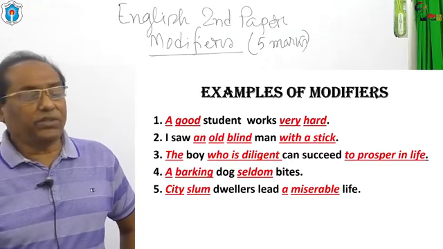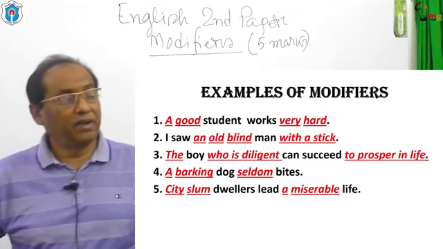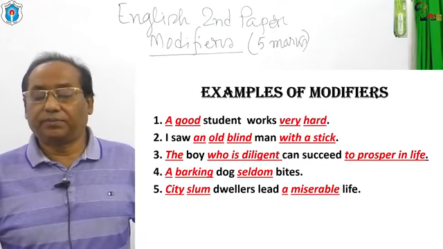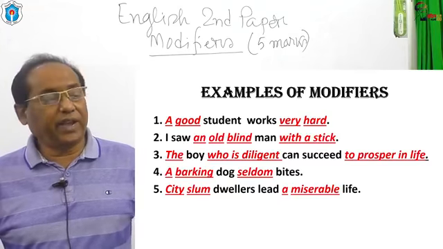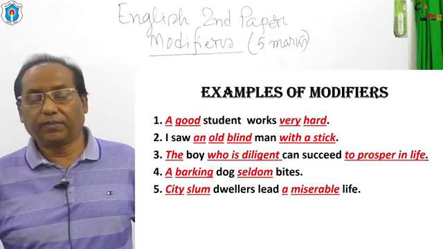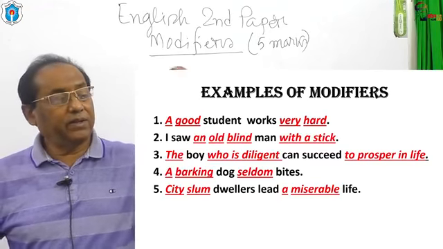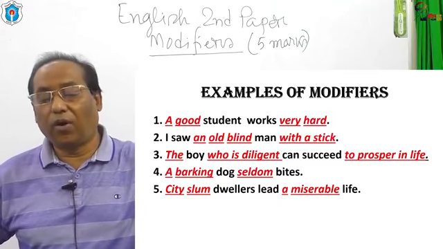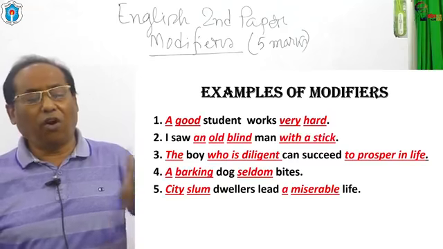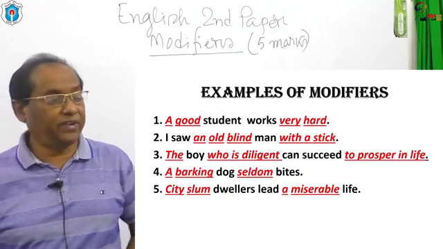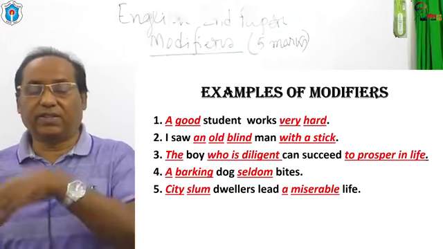The boy who is diligent can succeed to prosper in life. The is an article. It indicates boy. It is the definite article. So, it determines the boy. So, it is also a modifier. All determiners are modifiers. Now, see who is diligent.